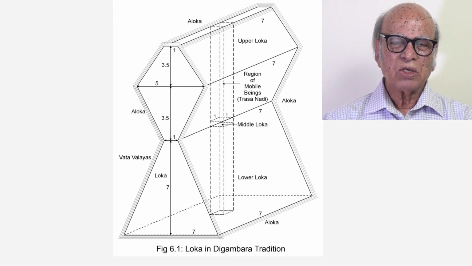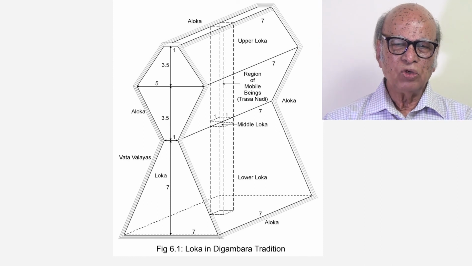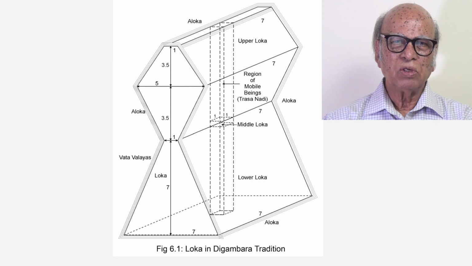And if you calculate the volume of this geometry given in this figure, you will find that the total volume comes out to be 343 cubic Rajju. So that figure is mentioned in Jain texts, that the volume of the lok is 343 Rajju.